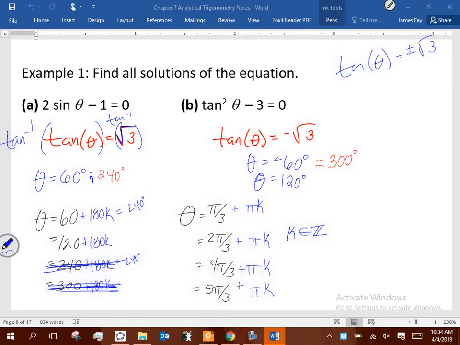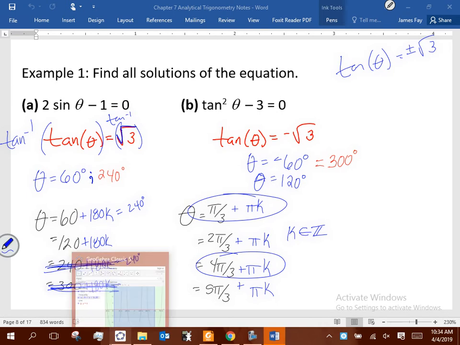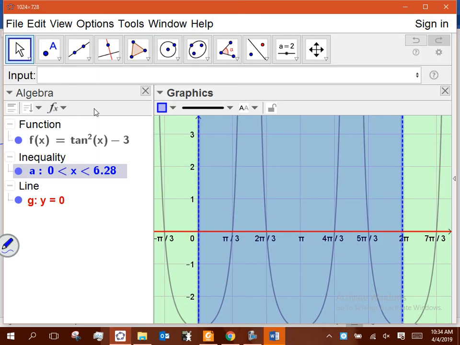I'm going to go to GeoGebra real quick. I'm just going to prove this point to you. I'm going to grab that one there and that one there, and they should be generating the same solutions. So all my ordered pairs are going to be like pi. The first one is pi over 3 plus pi k, comma 0, right?